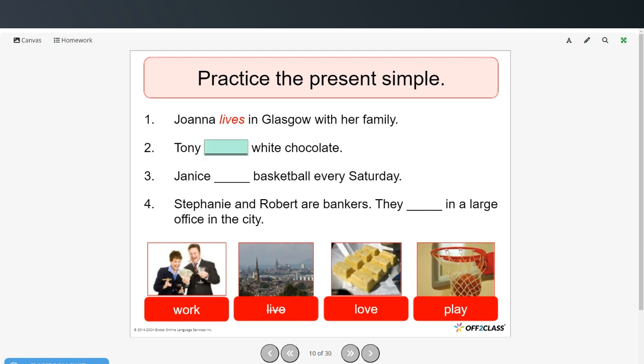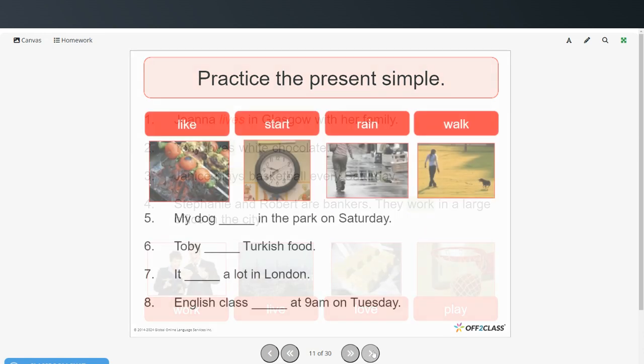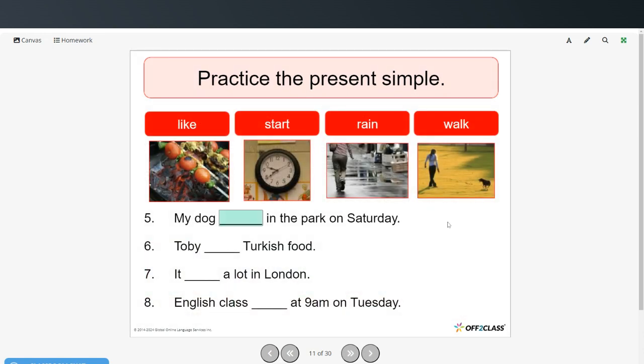Okay, Tony loves white chocolate. Janice plays basketball every Saturday. Stephanie and Robert are bankers. They work in a large office in the city. My dog walks in the park on Saturday.